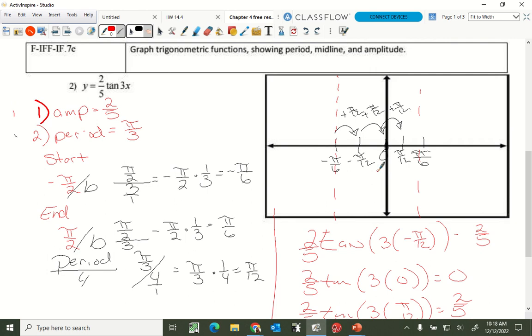So my points: negative 2 over 5 for the first one, so it would put a point right here, then 0, and then right here.